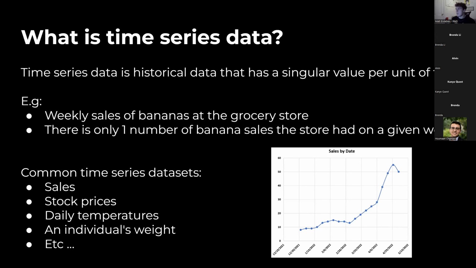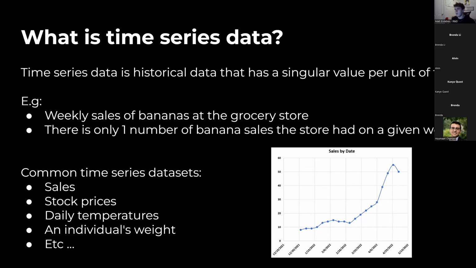That's an example of time series data: there's only one number of banana sales at the store on each given week. That makes sense, right? Some common time series data sets, and it's a very, very common form of data, would be sales, like we talked about with the bananas, or stock prices, or daily temperatures, or somebody's weight over time, or anything like that that's over time. So yeah, it's very, very common.